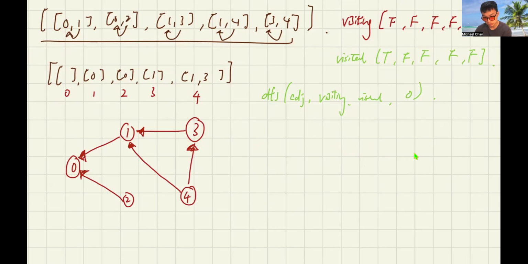So this will return true. And then it will be set to false. Return true. Visited I is now true.